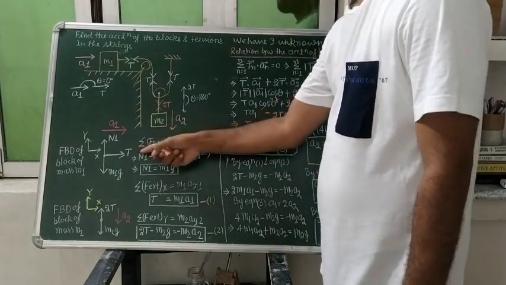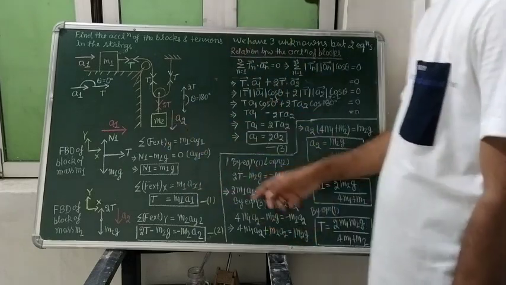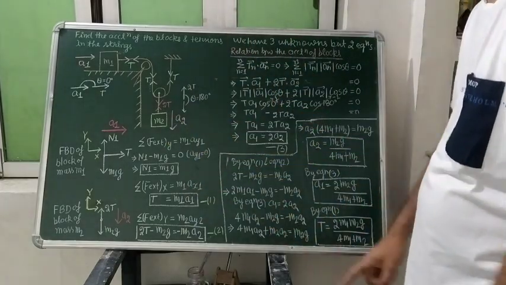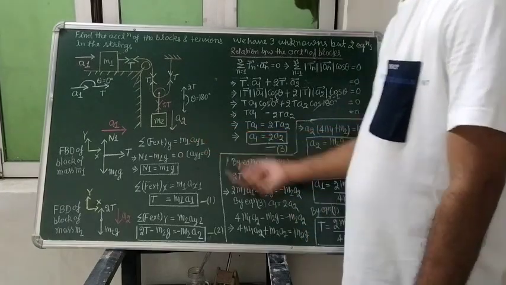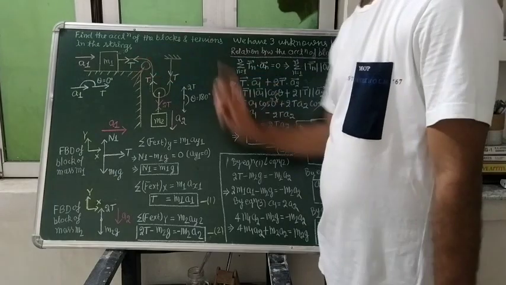So here Newton's second law we are applying in the y direction, saying that the vector sum of the external forces in y direction should be equal to what? Mass times the acceleration in y direction for the block M1.